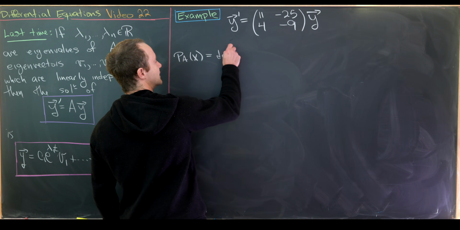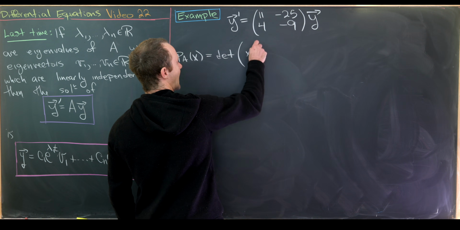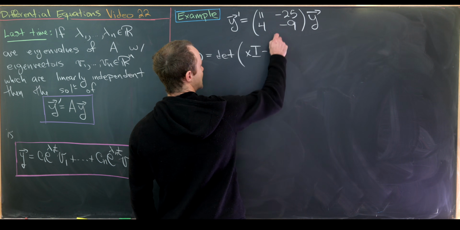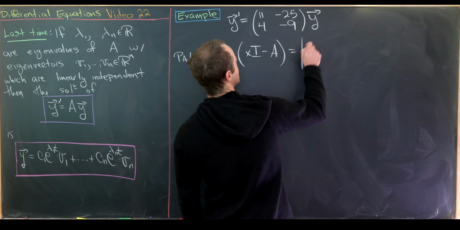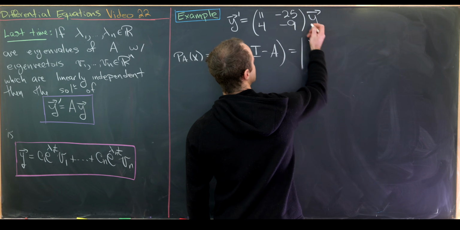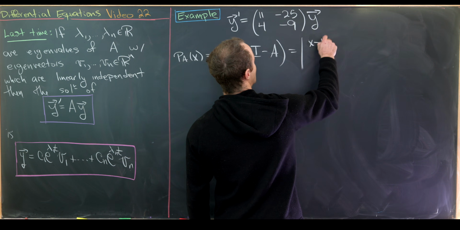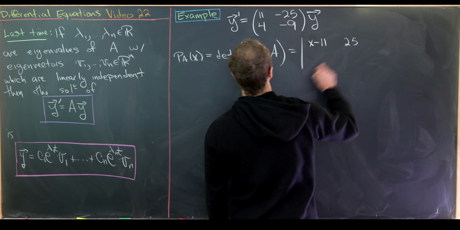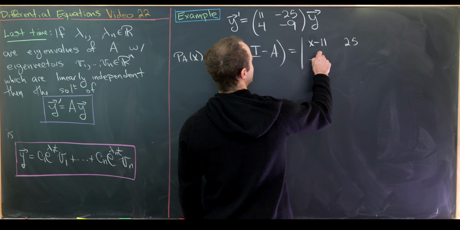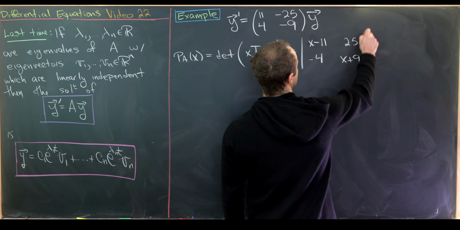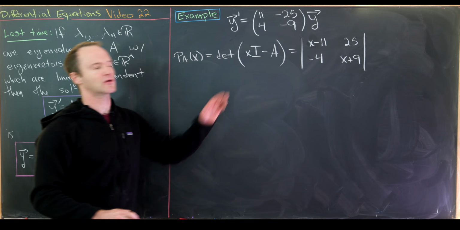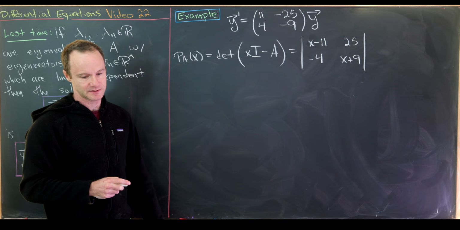P_A(x) will be the determinant of x times the identity matrix minus A. So that's going to be the determinant of the matrix with rows x minus 11, 25 and negative 4, x plus 9. I'm using these vertical lines to mean take the determinant.